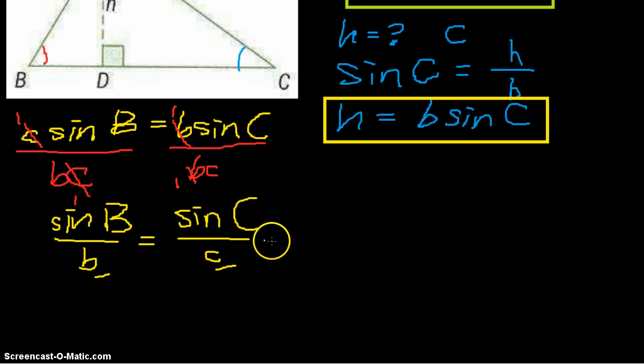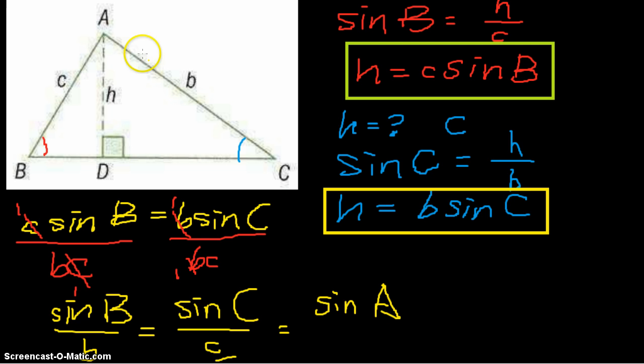By looking at the same pattern, I can also say sine of the angle A, this angle here, over the side that is opposite from angle A, which is this long base BC, and that is lowercase a.